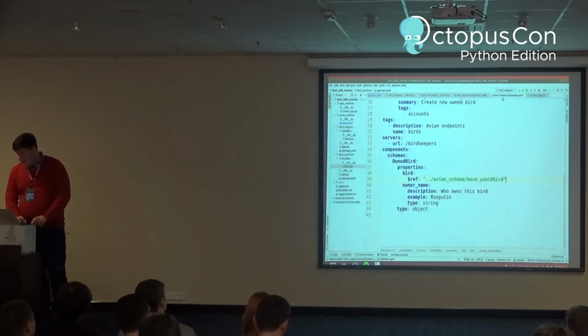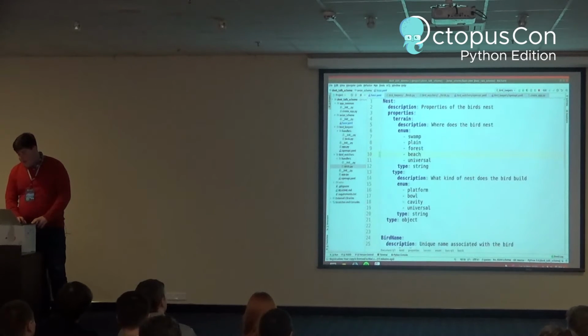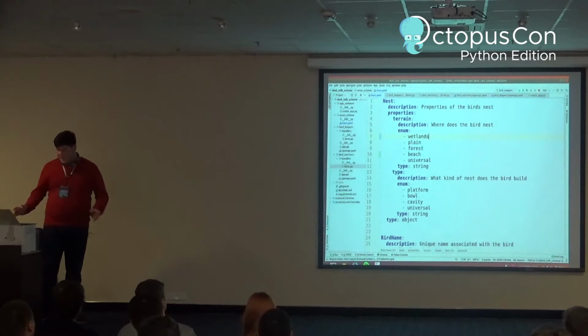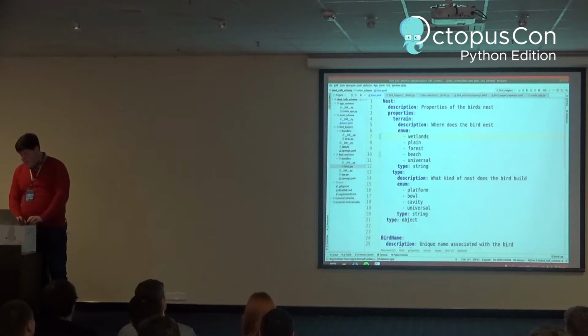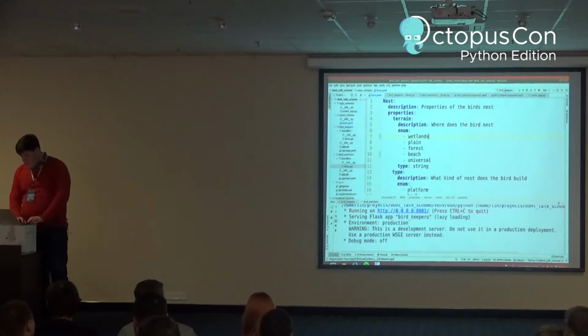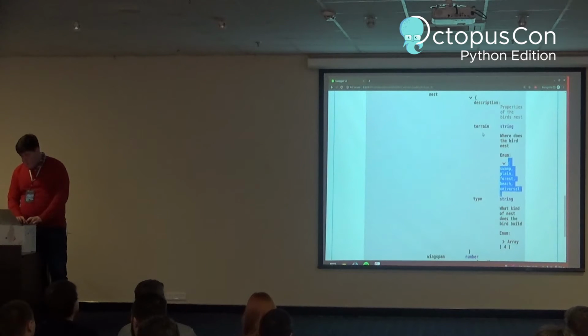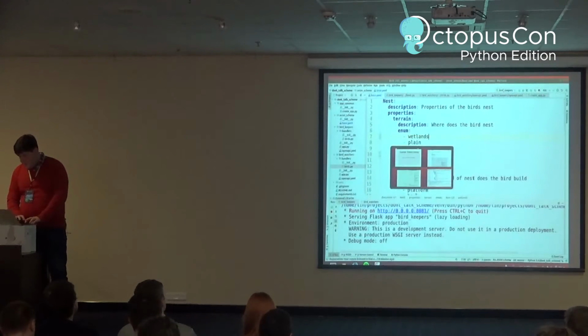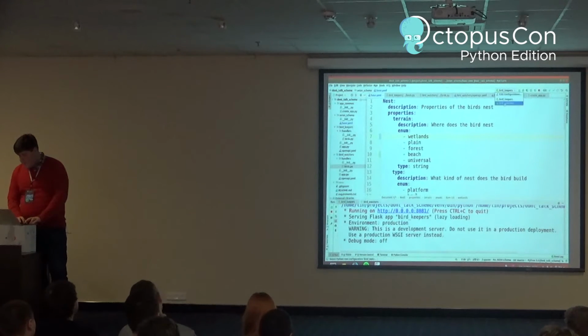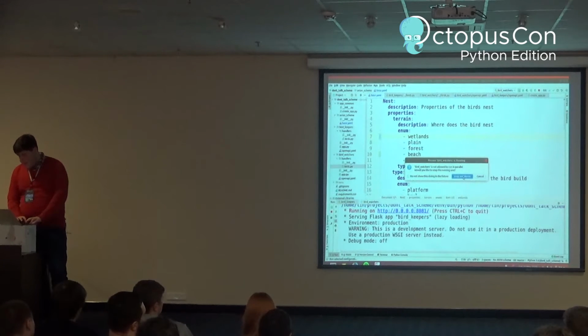Let's say somebody decided to wake up one morning and say that swamp is not correct. It should be wetlands. They decided, they save it, we restart, we go to, this is bird keepers, we need bird watchers. We restart our application.